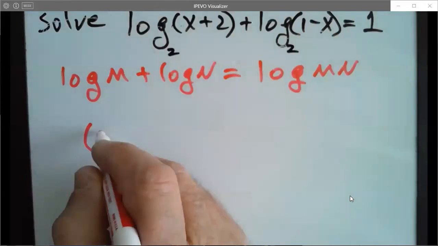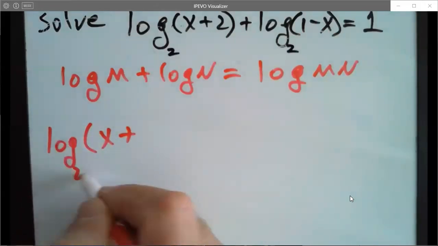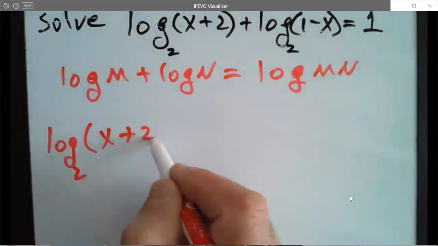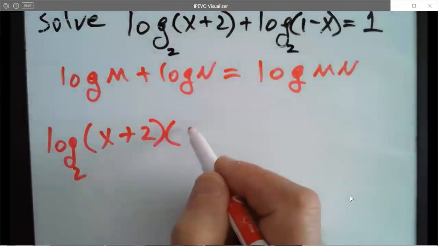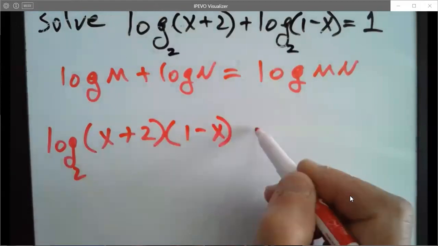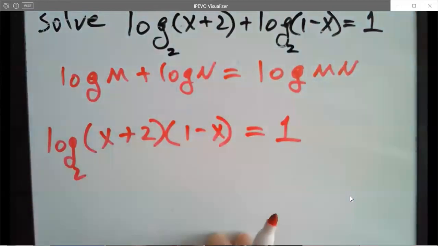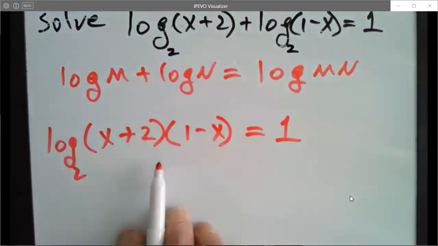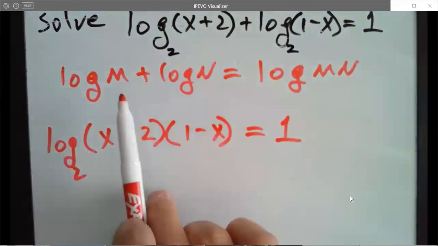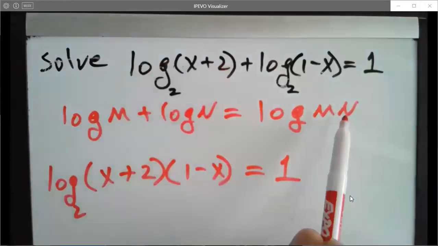So this will be log base 2 of x plus 2 times 1 minus x equal to 1. Okay? Questions with that? All we did is take these two and condense them to a single logarithm.